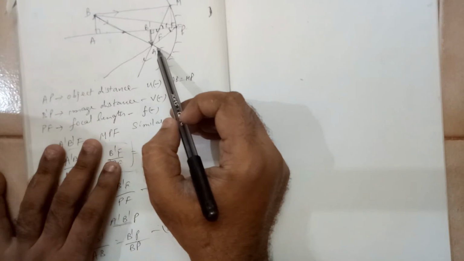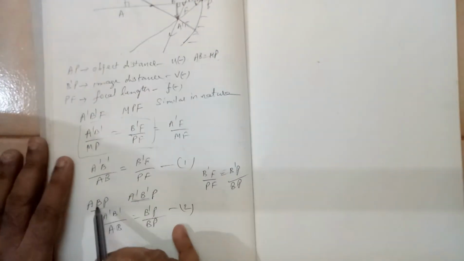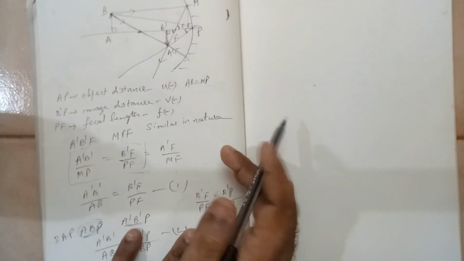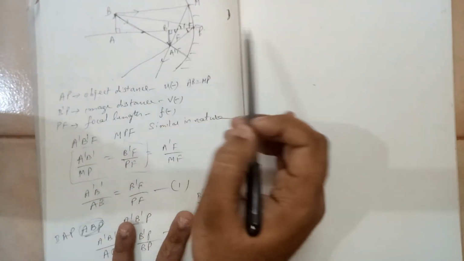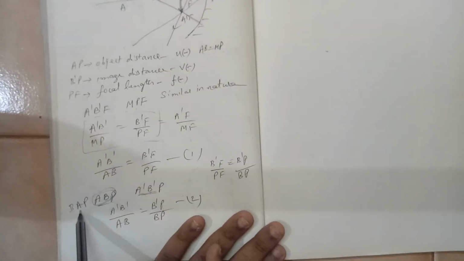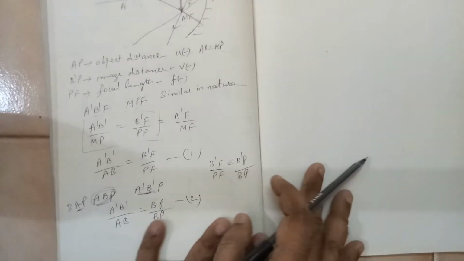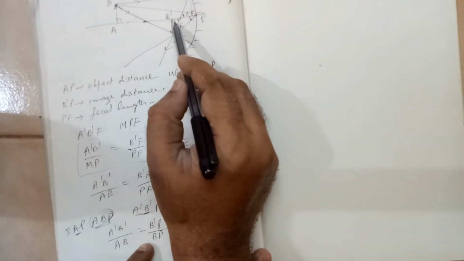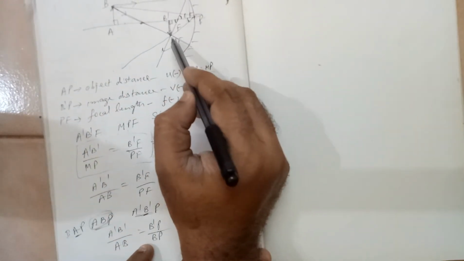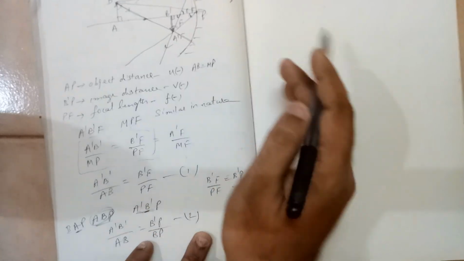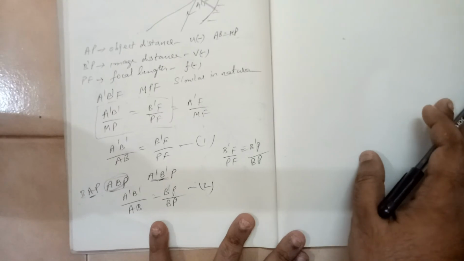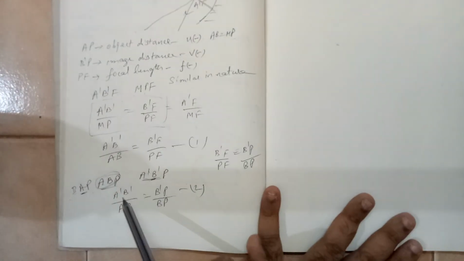We should not write ABP here, we should write BAP. Why? Because angle A and angle B dash are 90 degrees. You see this angle is equal to this angle, and this top angle will be equal to this angle. So we should have written BAP and A dash B dash P. So let us again check.